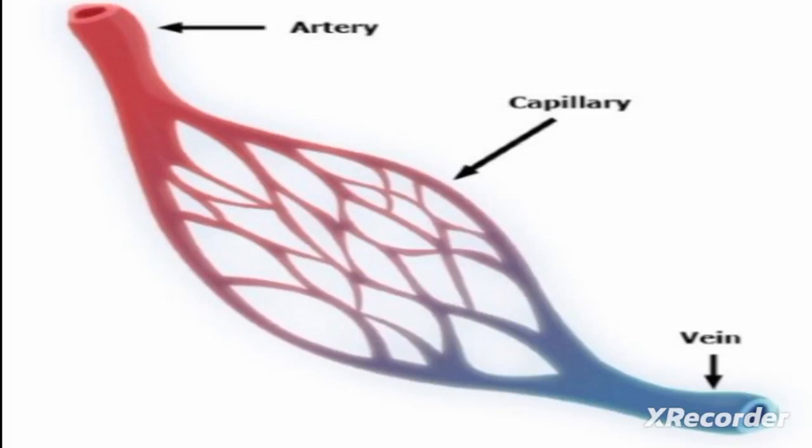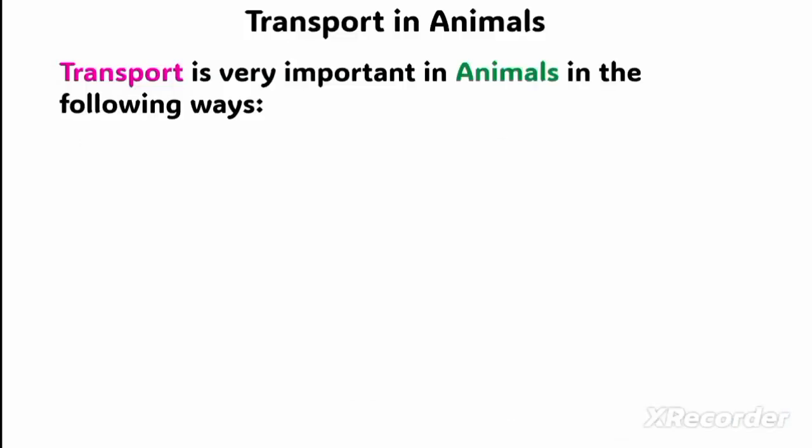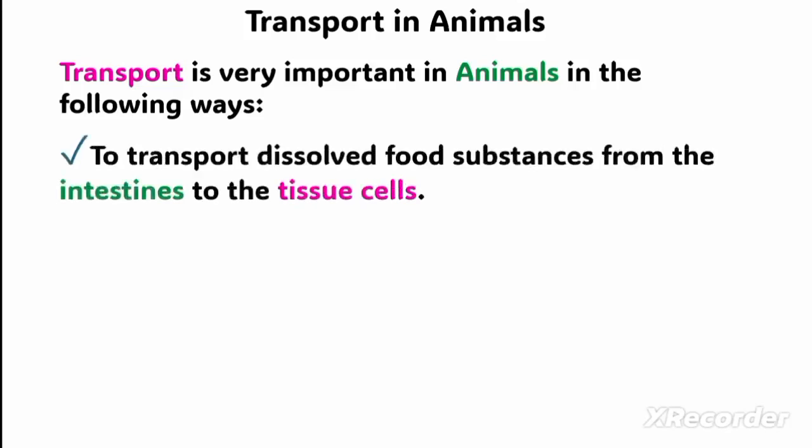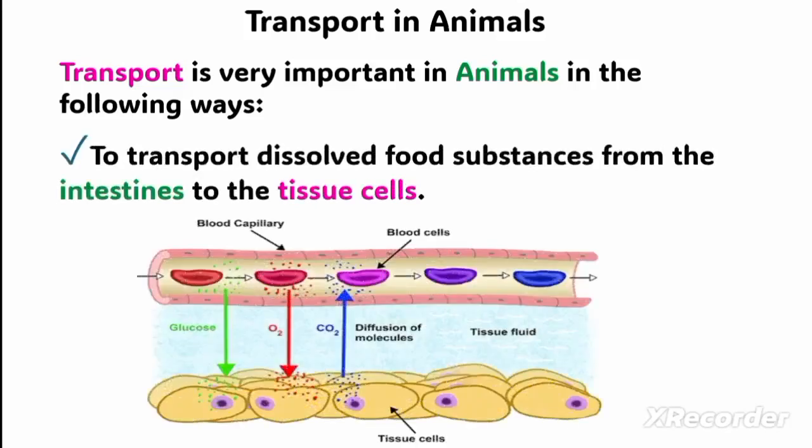Capillaries are very thin to allow the diffusion of these materials. So transport in animals is very important in the transportation of the end product of digestion.